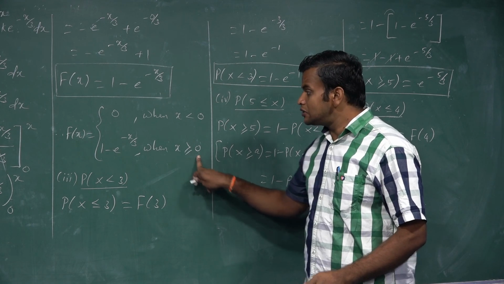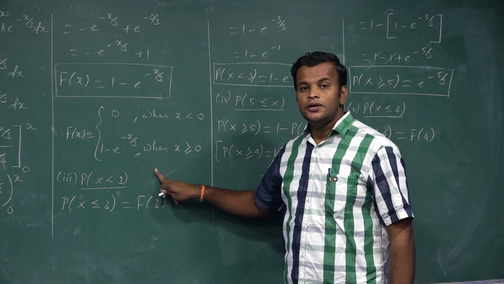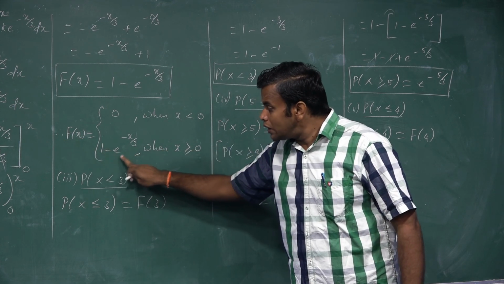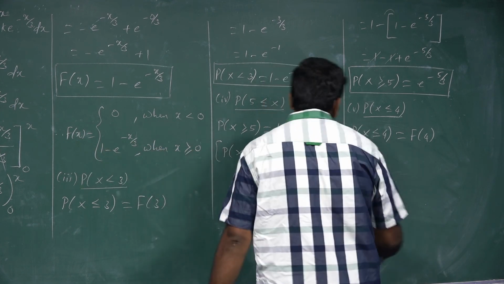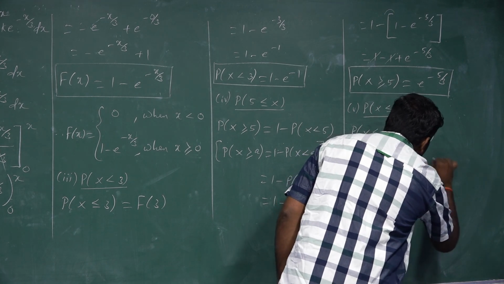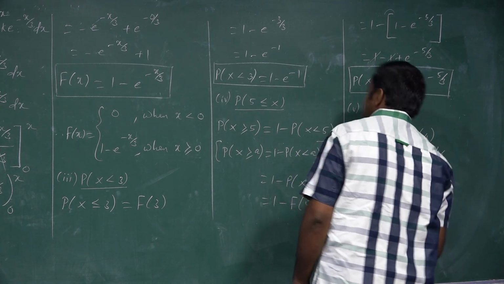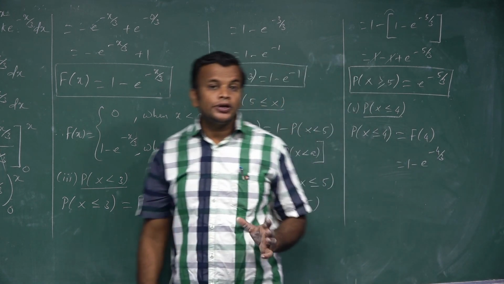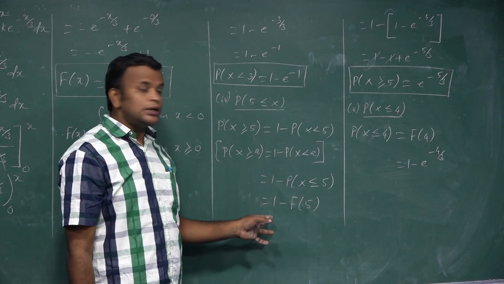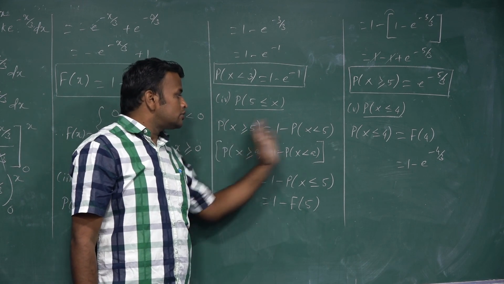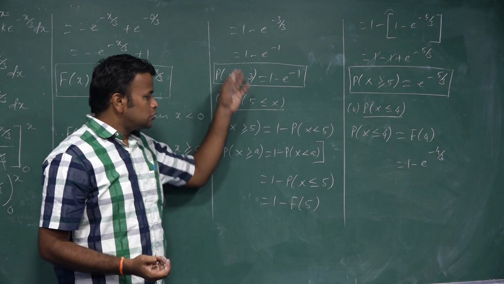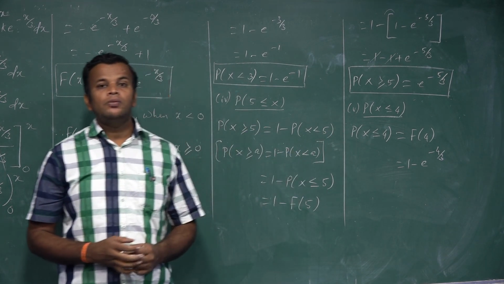When x is greater than 0, F of x is defined in this manner. So when you replace x by 4, F of 4 is 1 minus e power minus 4 by 3, which is the value of this probability. Using the symbol is very important here, because it is a continuous random variable. X can take an infinite number of values. Therefore we use this property to find all probability values.